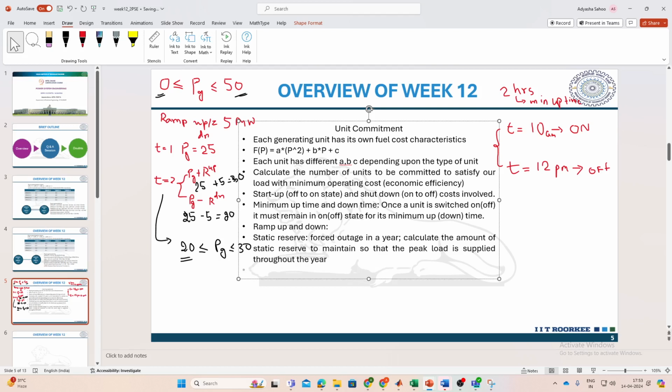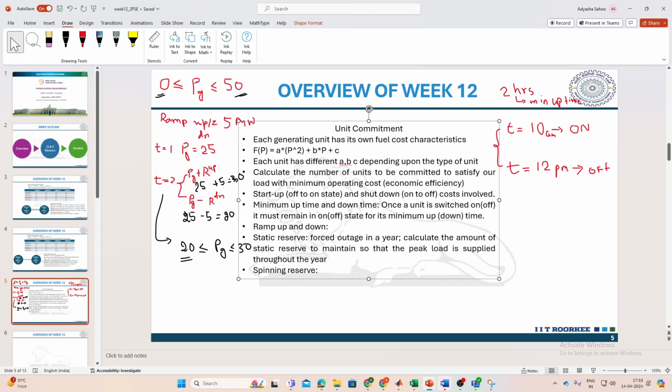Next type of reserve that we keep is your spinning reserve. So spinning reserve is for a shorter time interval. The static reserve we generally compute for the year. Spinning reserve is basically for the day ahead, as we say.